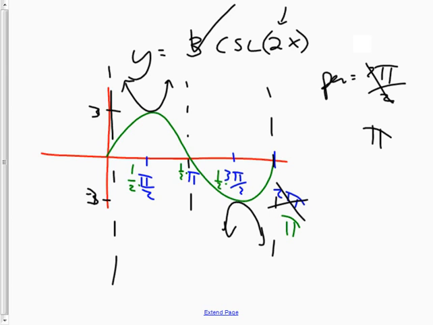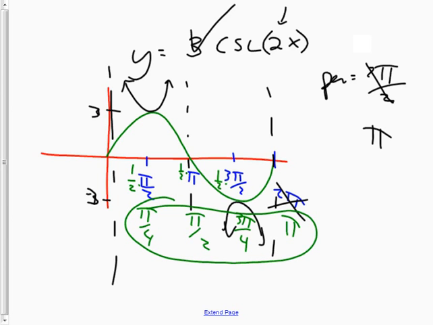And I'd have things like pi over 4, pi over 2, and 3 pi over 4, I think. There we go. So there's my new numbering. Once I've got it newly numbered, I don't even have to move the graph. Let's leave it alone.